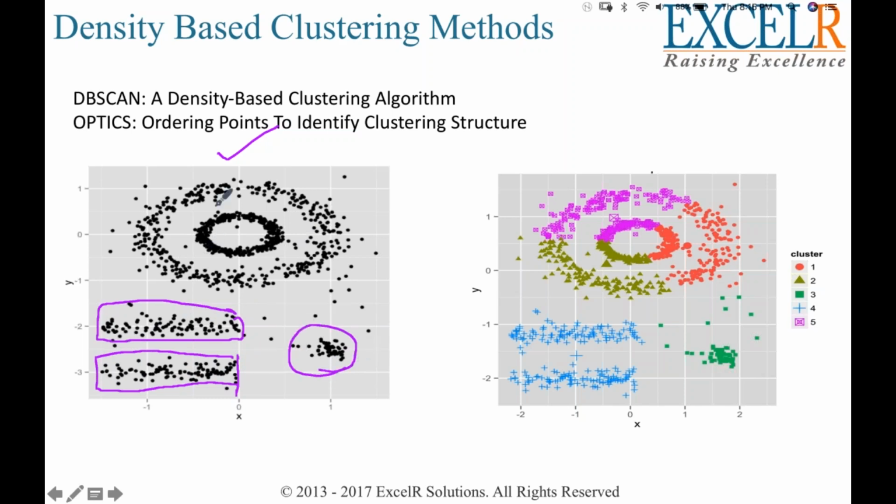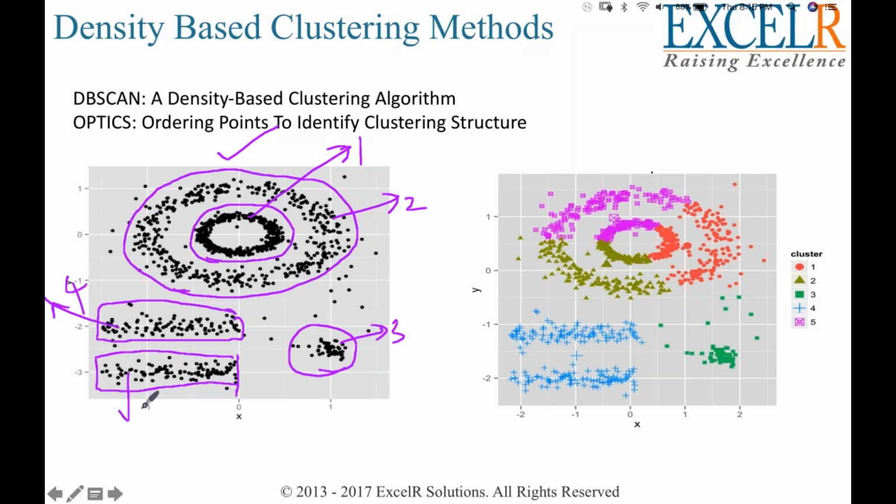This inner oval shape would be one cluster. And then this outer oval shape would be another cluster. So you have one cluster, the second cluster, the third cluster, the fourth cluster, and then a fifth cluster. So you have 5 clusters, right?